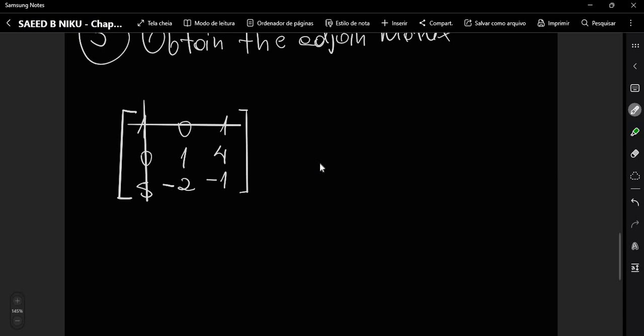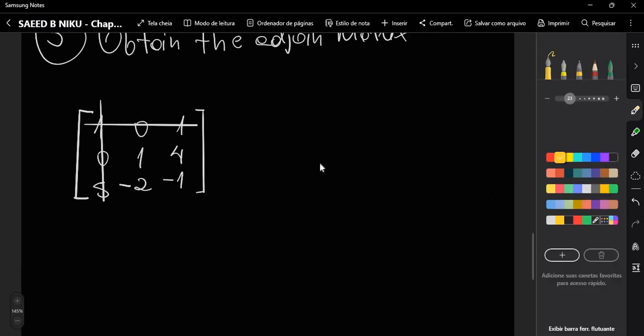and calculate the determinant of what is left.